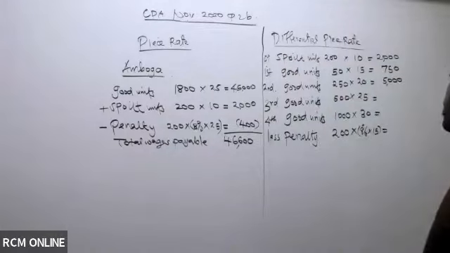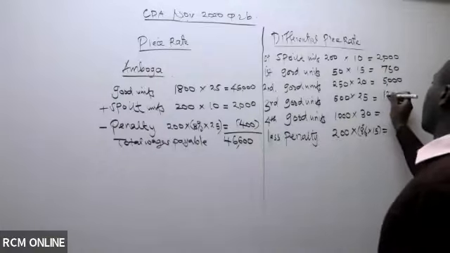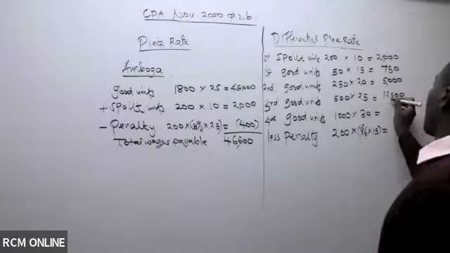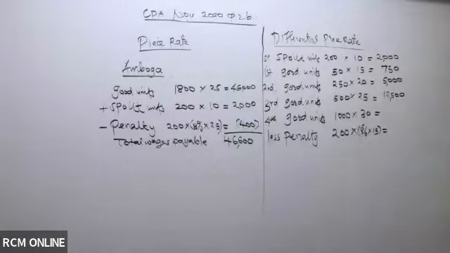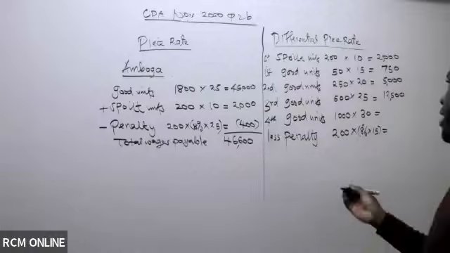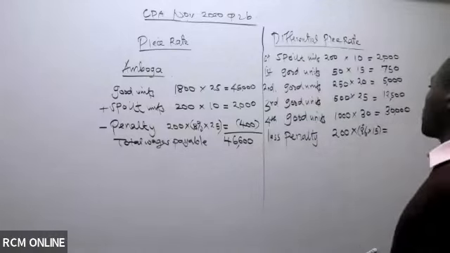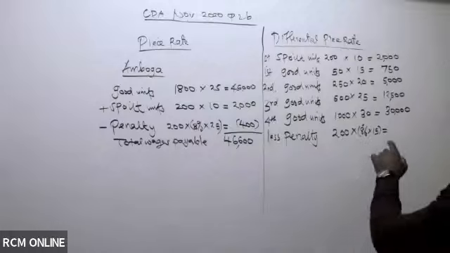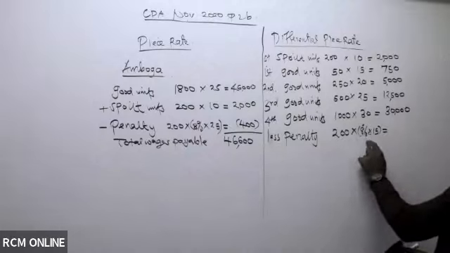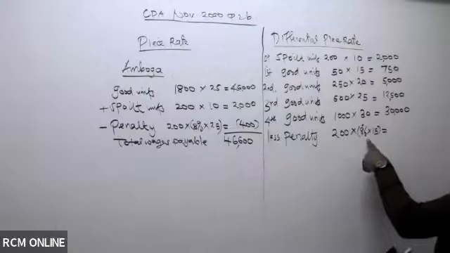We have 500 by 25, 12,500. We have 1,000 by 30, 30,000, right? Good. Can you give me 8% of 15? So that we know the rate here, what is 8% of 15?